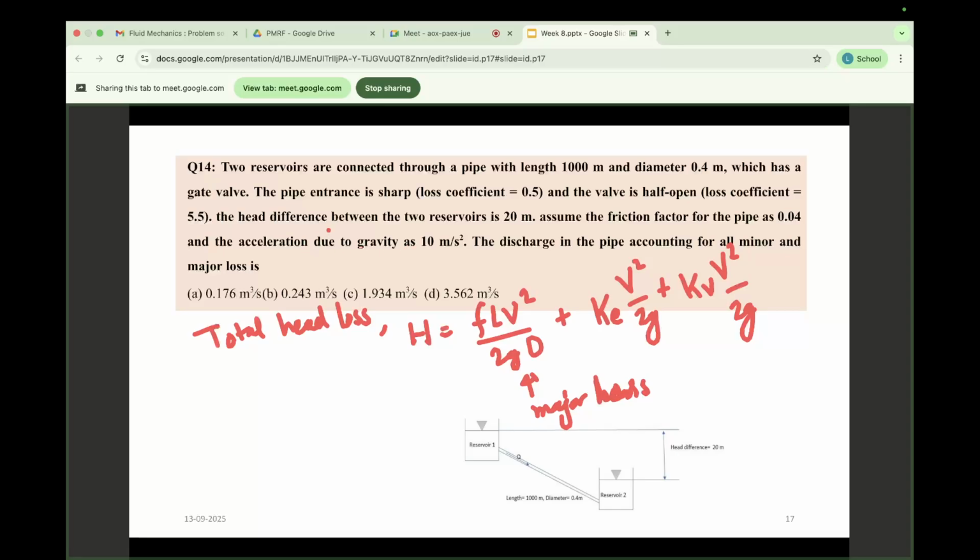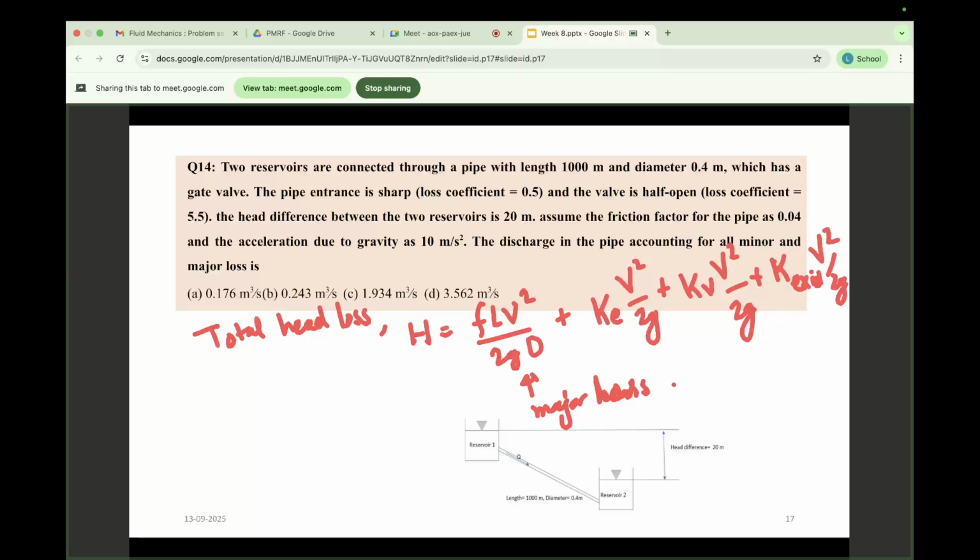This one is the entrance, and this is the valve, and there should be an exit. For the exit, we know it is K exit, V square by 2g.